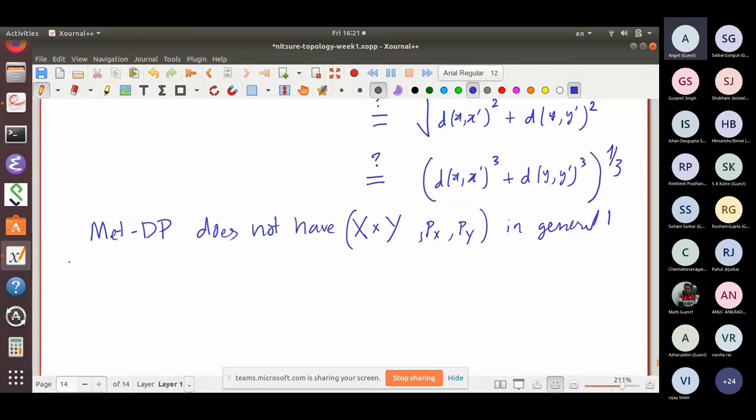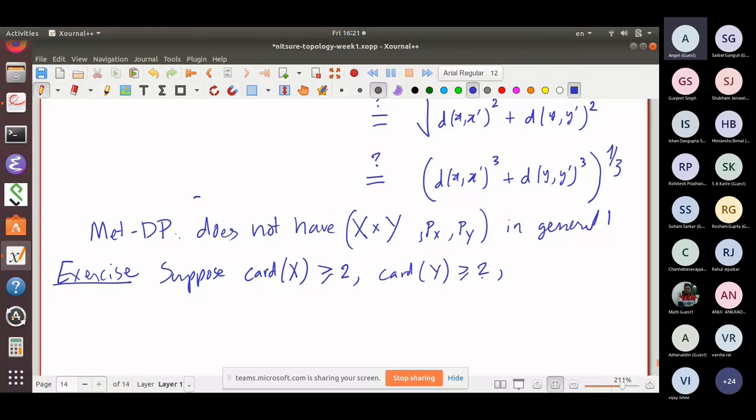Okay, so an exercise. Of course, sometimes it does have. If X and Y are empty, then the product is empty. Or if X and Y are singletons, the product is a singleton. Or if X is a singleton and Y is anything, then X cross Y is Y, and so on. But suppose, here's the exercise: suppose the cardinality of X is greater than or equal to 2 and the cardinality of Y is greater than or equal to 2.